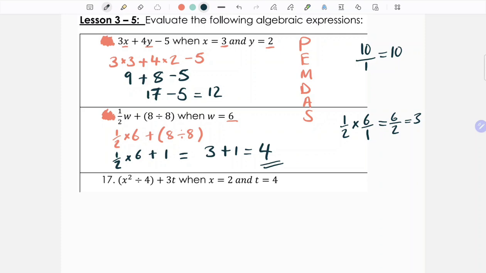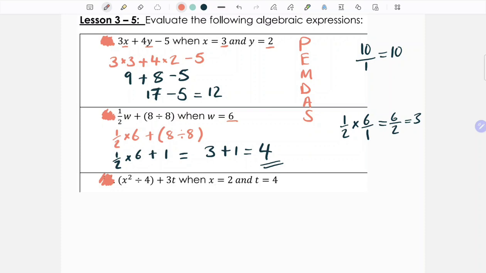Okay, last one, let's just cross this out so we don't confuse. So it's question 17. So we've got brackets x squared divided by 4 plus 3t.